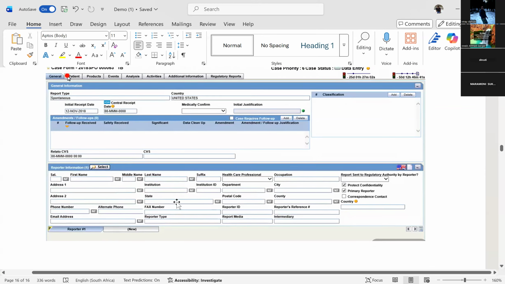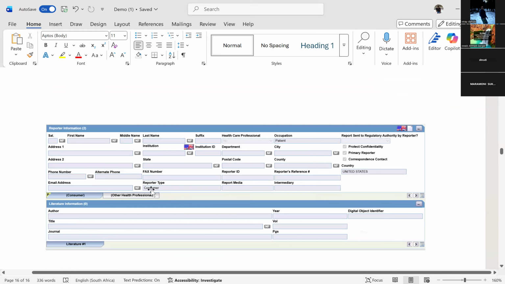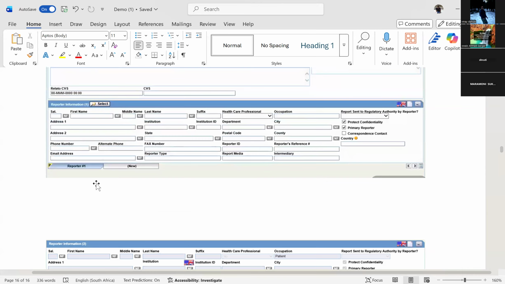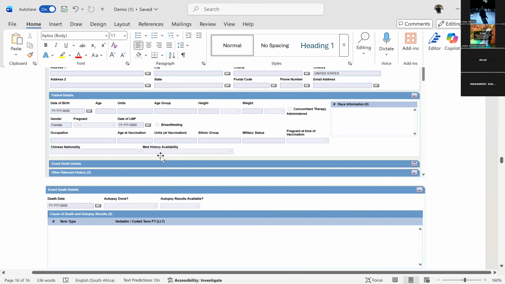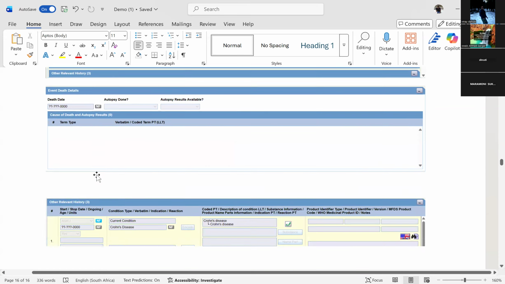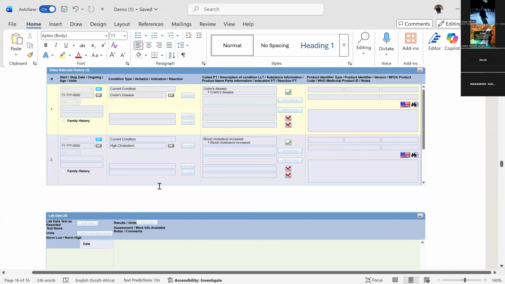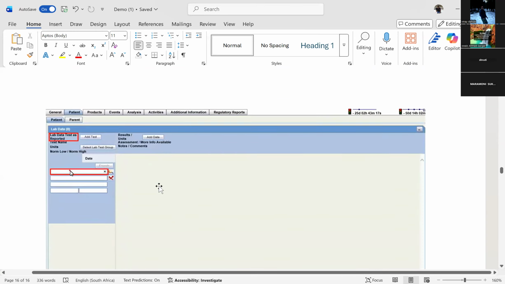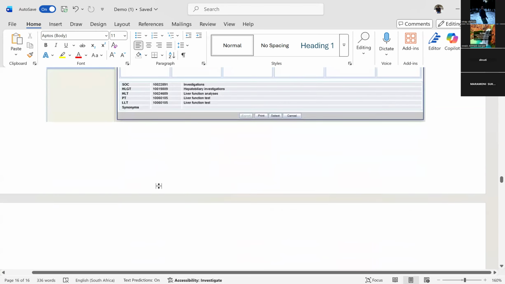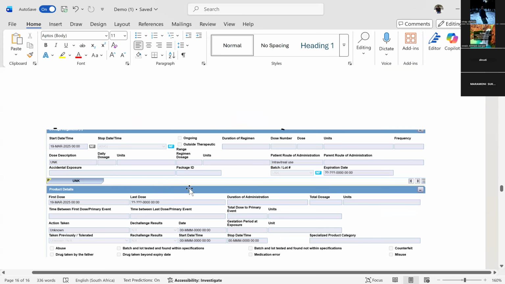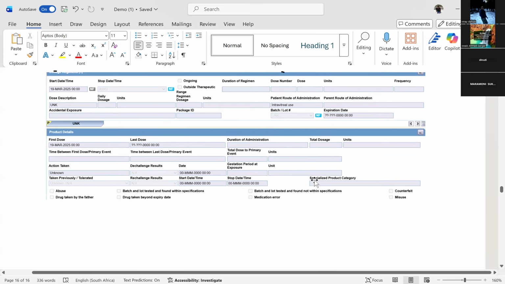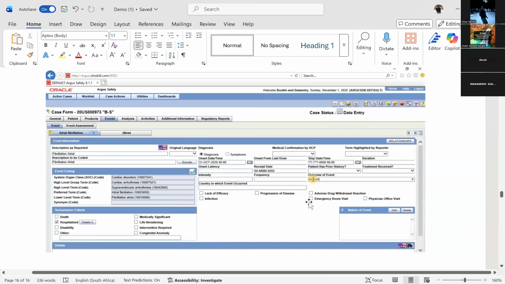These null flavors are present in every tab, starting from the General tab, then the Patient tab, Event death information, lab data, and moving on to the Product tab and Event tab as well.